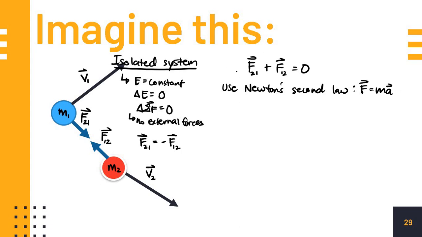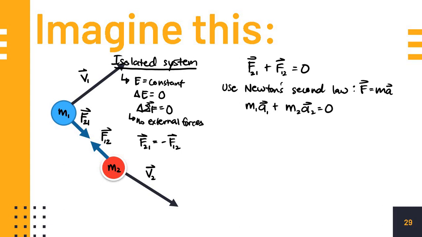F21 is the force experienced by object 1, so that would be m sub 1 times a sub 1, plus F12, the force experienced by object number 2, so that's m sub 2 times a sub 2, is equal to 0.